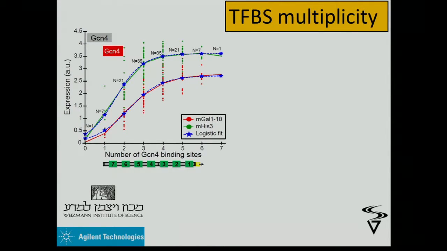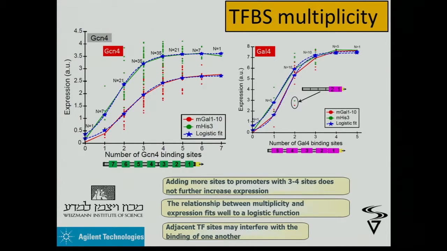So I measure all these efficiencies, and I see that indeed, as you would imagine, if I put 2 of them, that's more efficient than just 1 of them. 3 of them is better, but it levels off pretty much when you go to higher numbers. It doesn't help you to crowd more and more core binding sites for GCN4. We also saw that for GAL4.